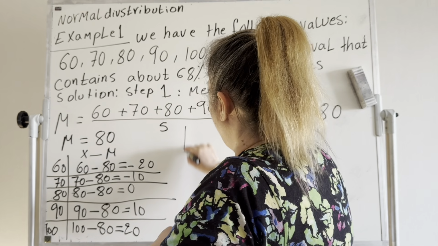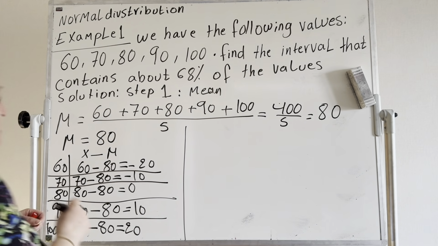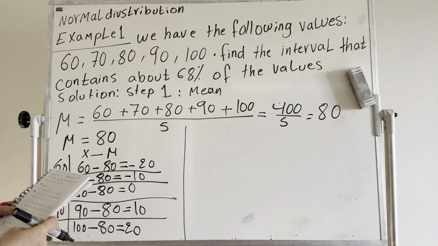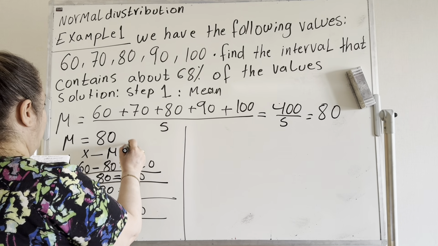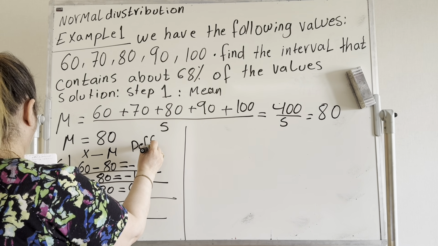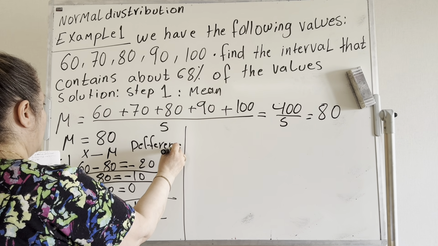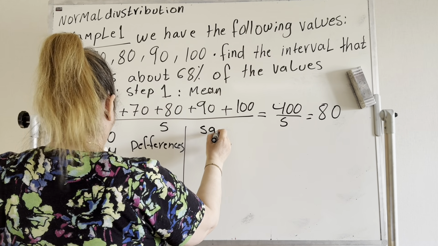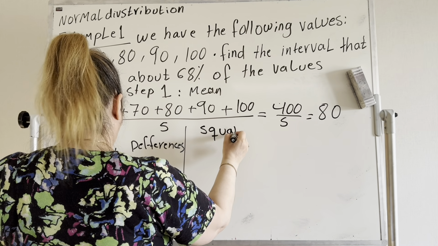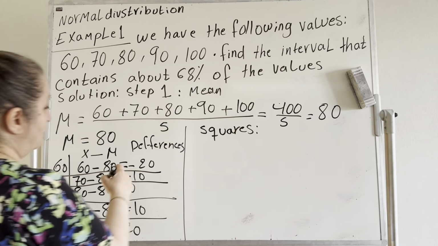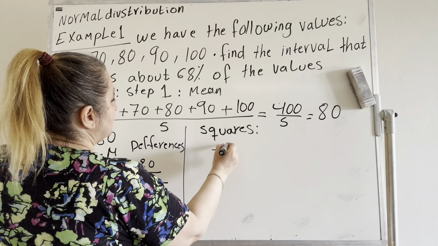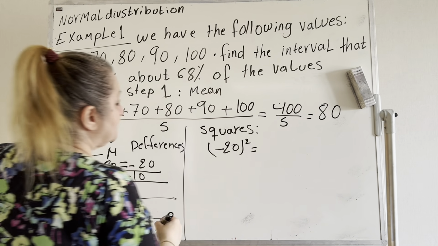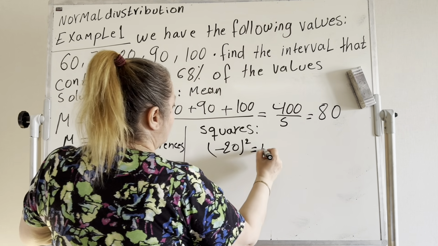Now I will square all the differences. Minus 20 squared equals minus 20 times minus 20 equals 400.